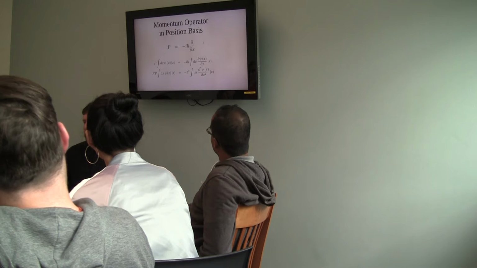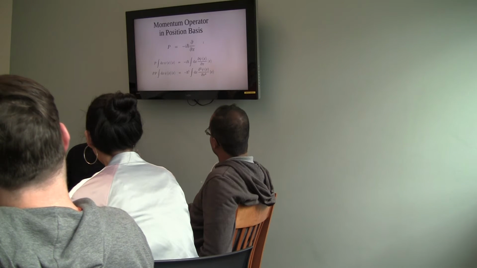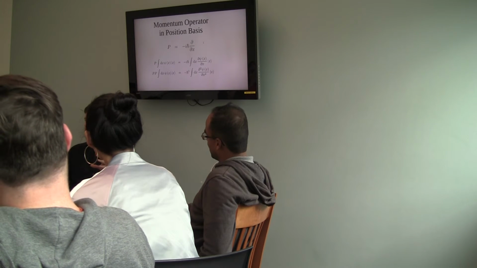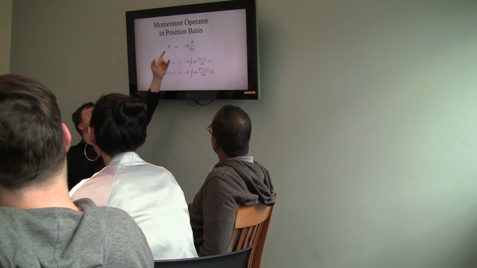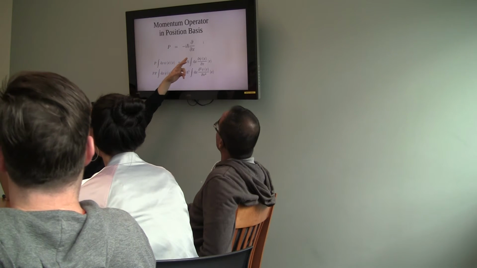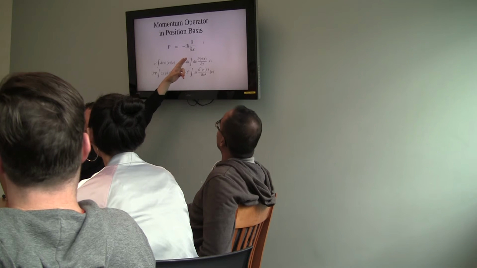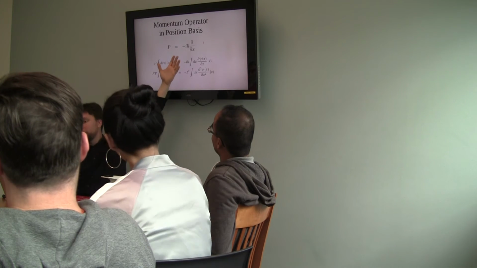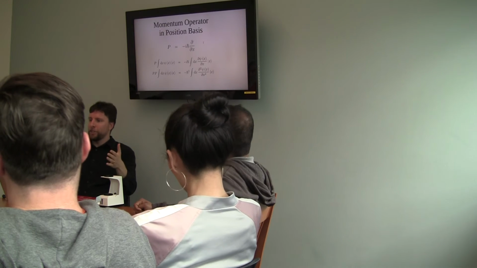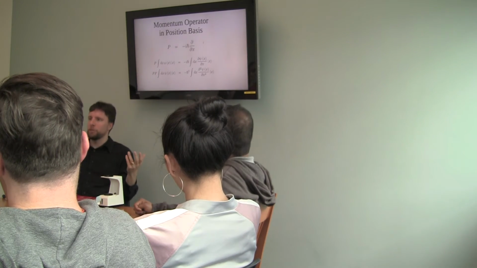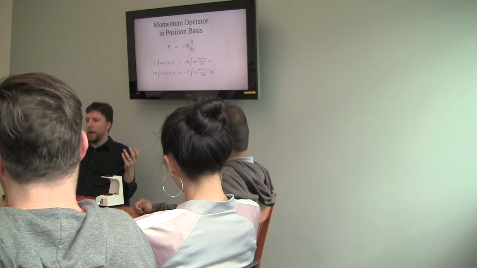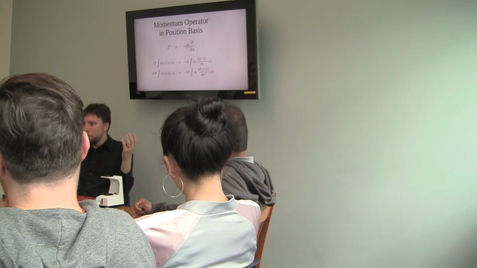What we find, and there are derivations for this, with momentum being what's called a generator of translation, but in most quantum mechanics courses you just take this as a given: the momentum operator is actually minus i h bar times the derivative with respect to position. So the change in the wave function with position tells you its momentum. Completely counterintuitive, but it works.